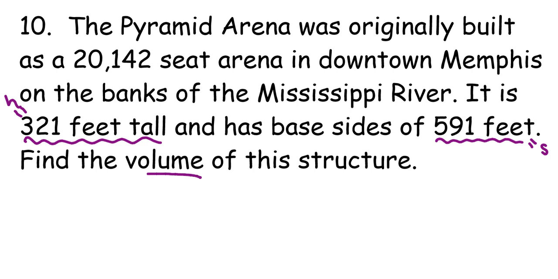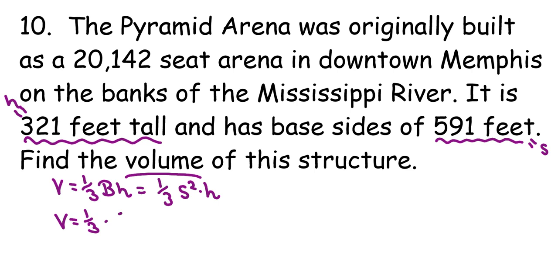Find the volume. So the volume formula for a pyramid is 1/3 area of the base times the height. Since the base is a square, I'm going to say side times side, or S squared, represents the area of the base. And so if I plug numbers in, 1/3 times 591 squared times 321. And I think we can get an exact value out of this.